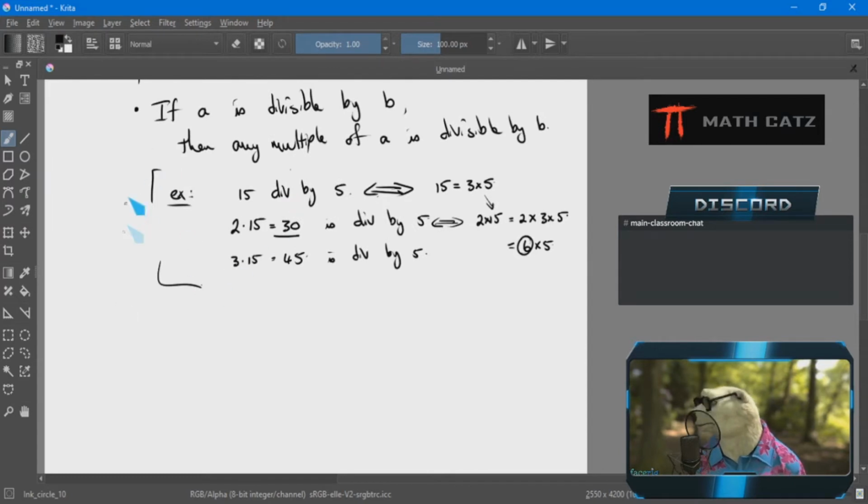Okay, so let me prove this one, just so you understand what it looks like. So if A, I'm going to do it symbolically.